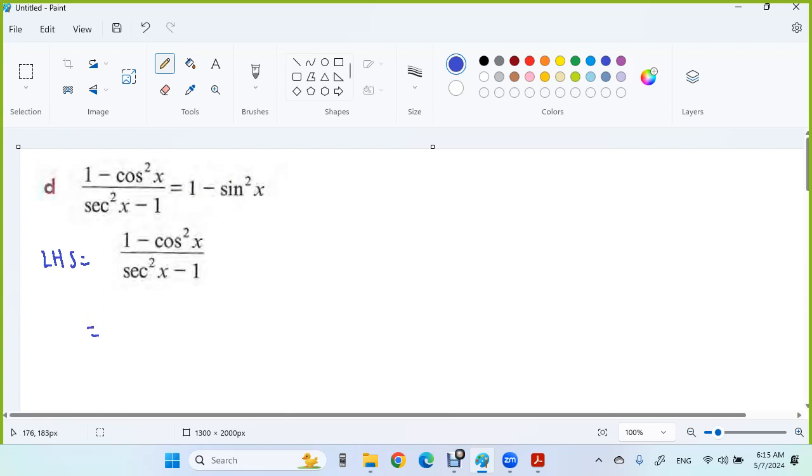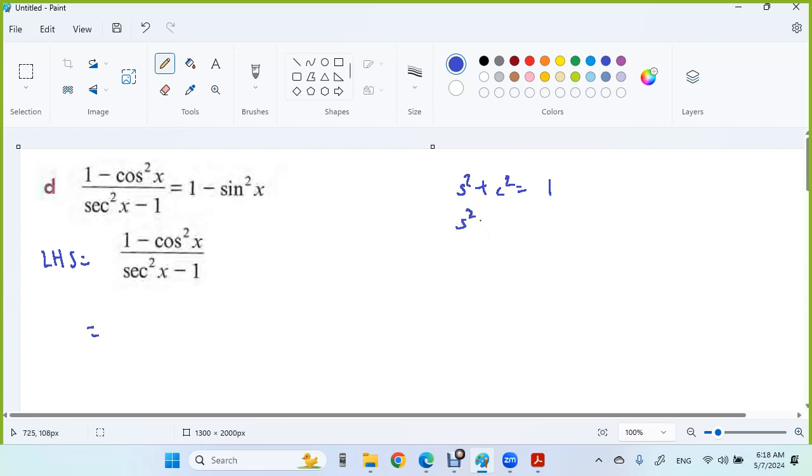Okay, this is secant square minus 1. 1 minus cos square, and then secant square minus 1. So we know that the sine square plus cos square equal to 1.